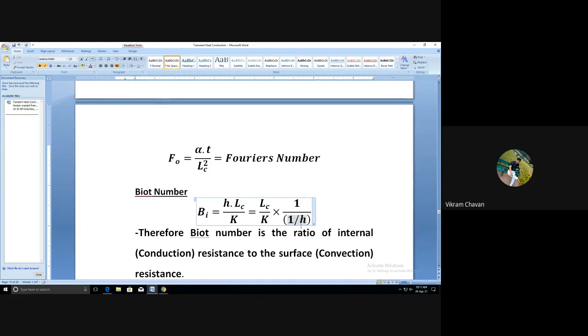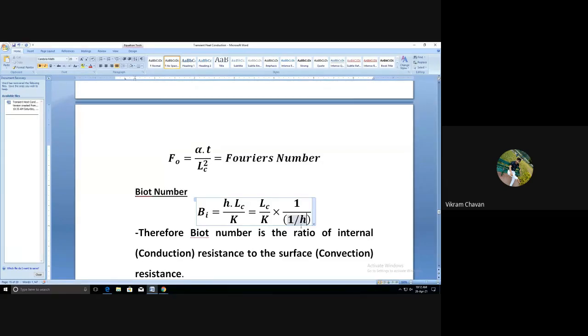And that heat transfer phenomenon is dominated by the convective resistance only. So if the Biot number is lesser than 0.1, the lumped capacity approach, or lumped heat analysis, we can apply for that problem.